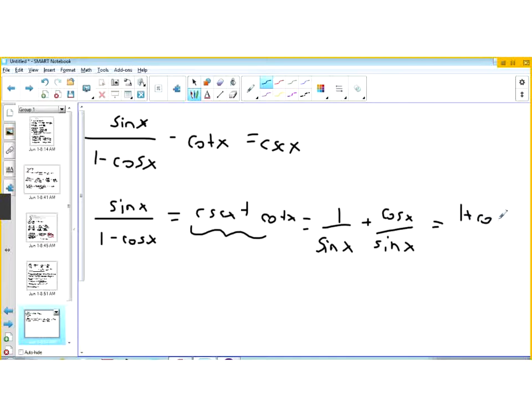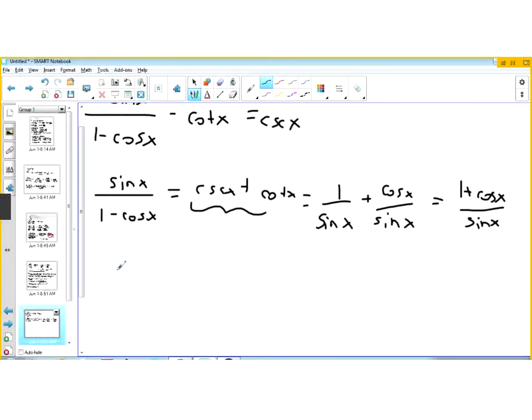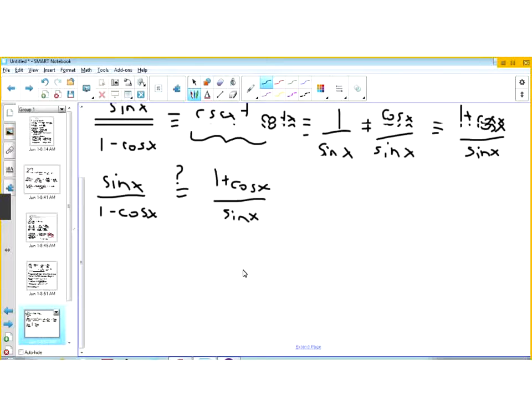I'm left with 1 plus cosine x over sine x. So it remains to show: does sine x over 1 minus cosine x equal 1 plus cosine x over sine x? Okay, so we need to demonstrate that now.